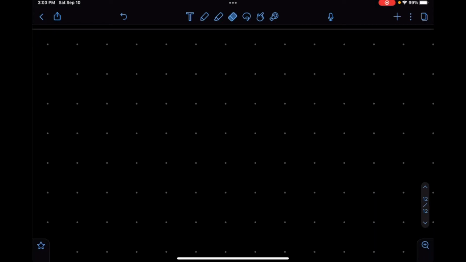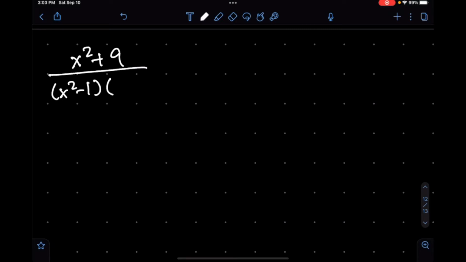Let's take this one, for example. x squared plus 9 all over x squared minus 1 times x squared plus 4. Now, obviously, we have to separate some of the fractions, but now we have to worry whether or not that is a possibility in all real numbers.